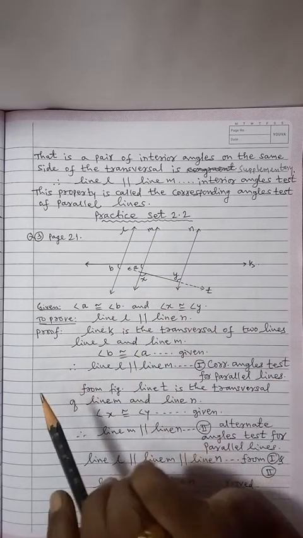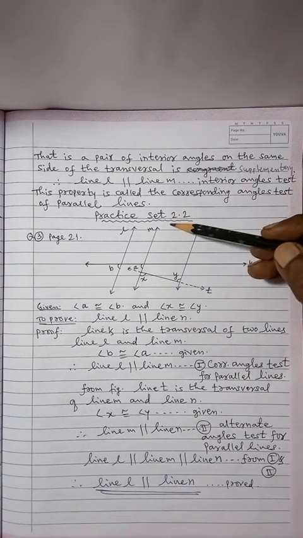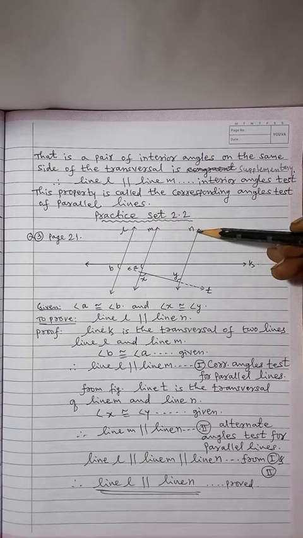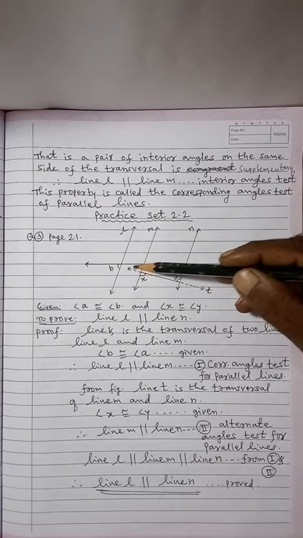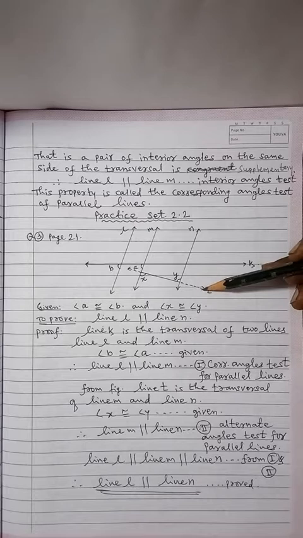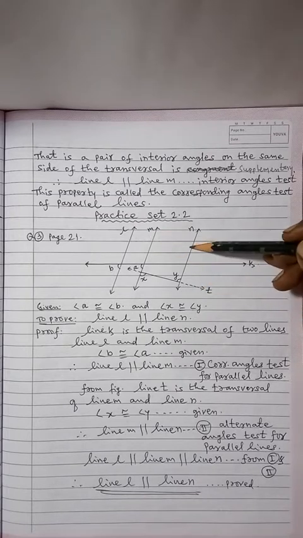Result number 1. Also, line M and line N are the two lines. As line T, construction is done. Line T is the transversal of these two lines. Pay attention.